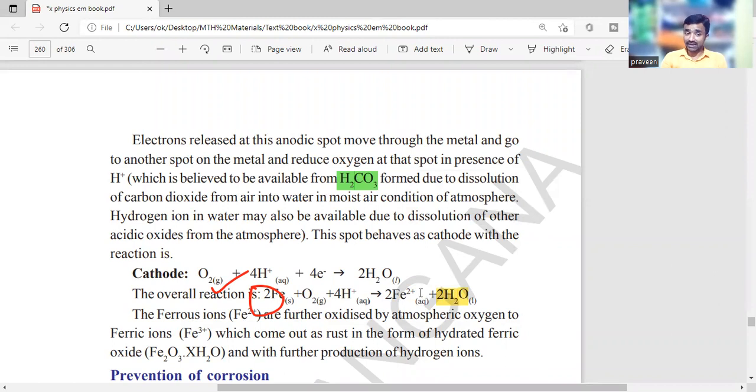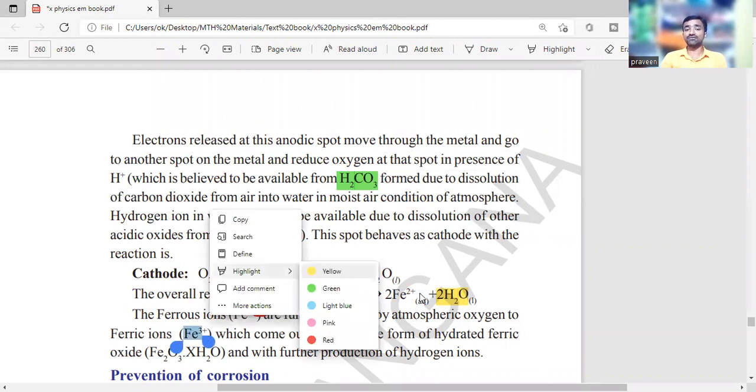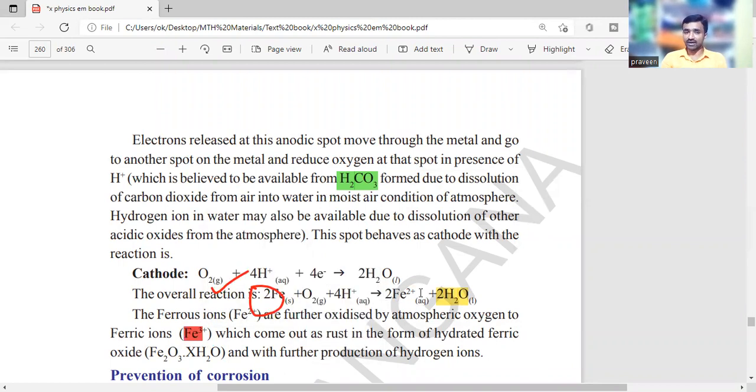These iron ions again react with the oxygen available in the atmosphere, so they are left as Fe2O3·xH2O, where x is the number of water molecules combined with the iron oxide.